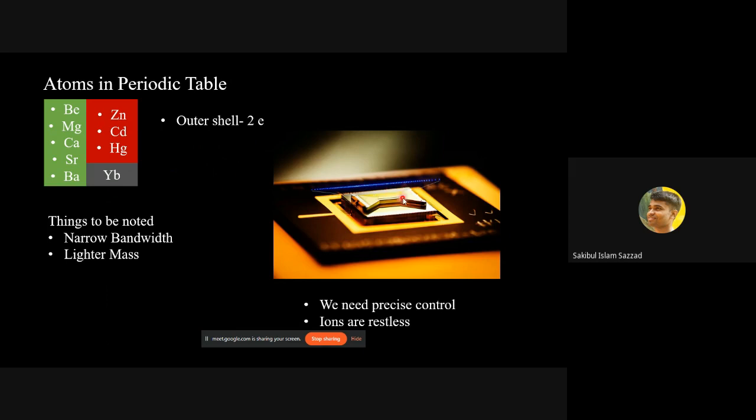There should be distinct energy, because in that case I can control each and every qubit actually. So the energy for every ion or qubit should not be the same. Otherwise, I'm just injecting laser power or a photon into the chip and everyone is getting excited actually.